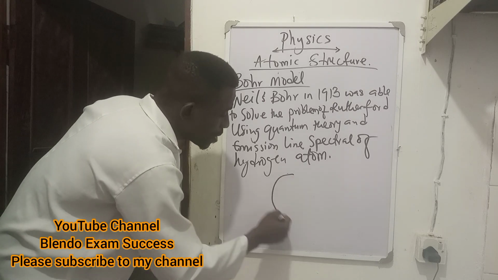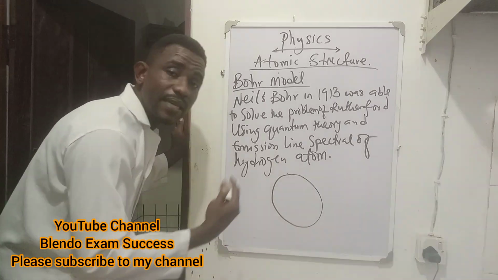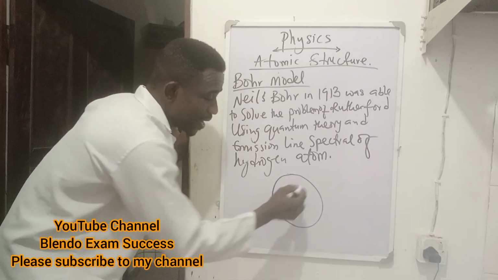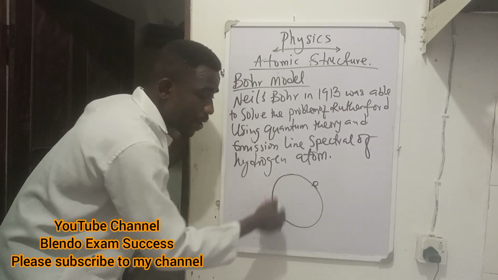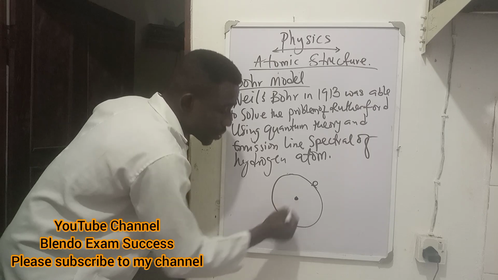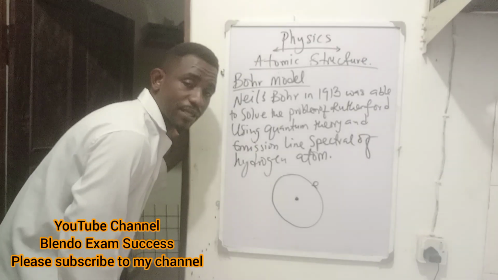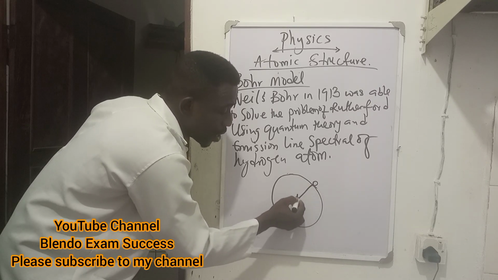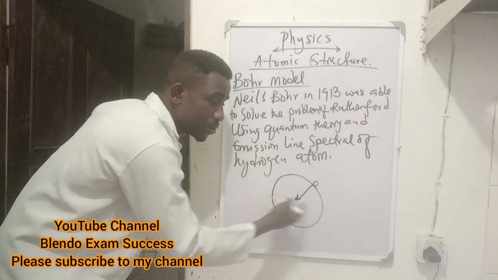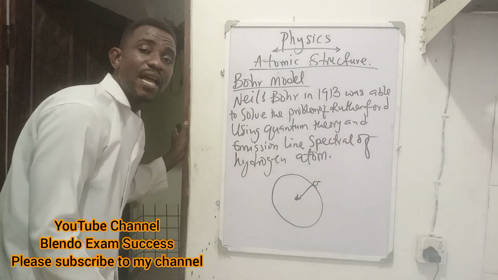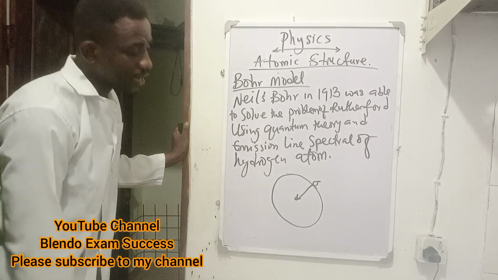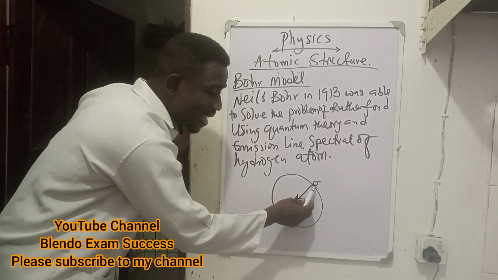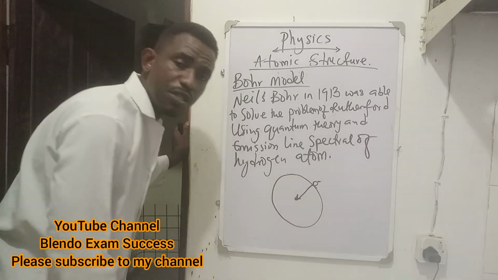Since Rutherford said that the atom has a spherical shape, electron revolves around the nucleus, the positively charged particle, and there is force of attraction between the positively charged particle and the electron, Niels Bohr looked at it and was able to account for why electron couldn't fall into the nucleus.